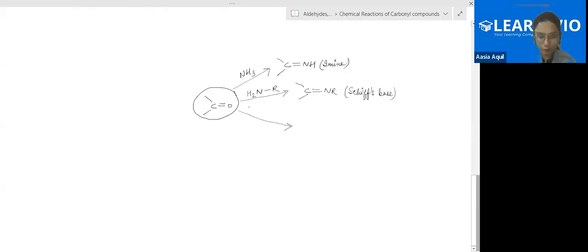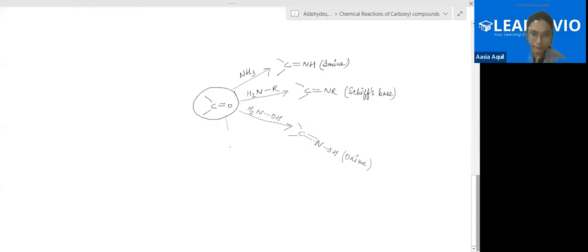Again, when you react the carbonyl compound with hydroxylamine, what is this? This is hydroxylamine. So simply do the dehydration, remove water from it and you will get NOH. This is oxime. Okay.